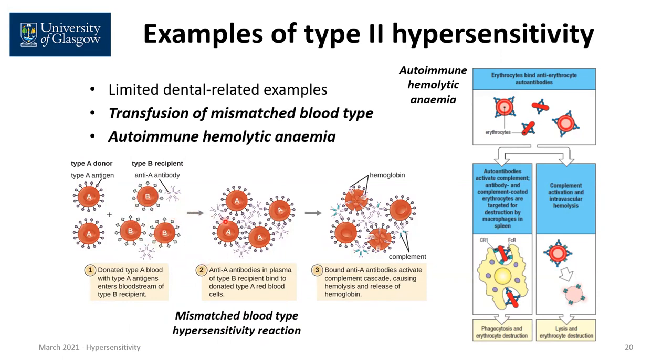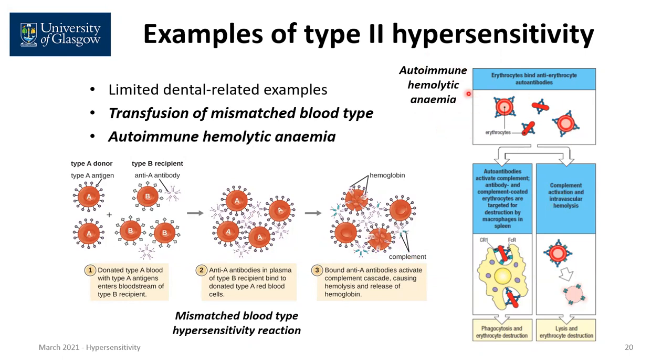So the antibodies will not recognize the type A antigen on the red blood cells, and therefore they will try and attack those red blood cells and drive the process of the complement cascade, and also drive degradation of the red blood cells.